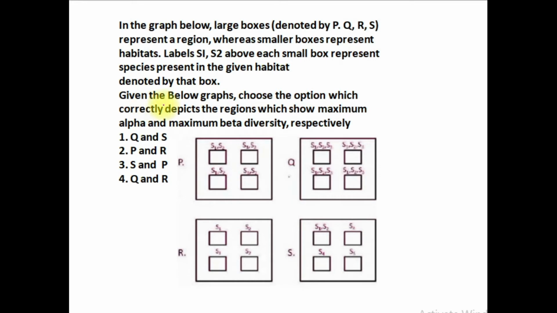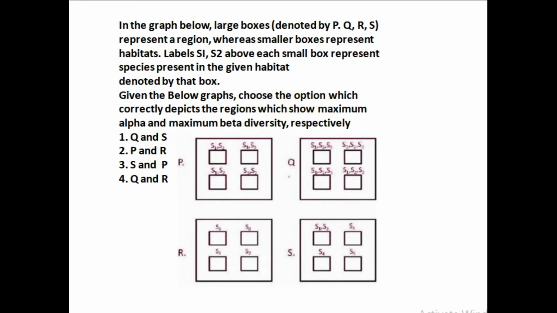Given the graph, choose the option which correctly describes the regions which show maximum alpha and maximum beta diversity. In this question, we have to find the maximum alpha diversity and maximum beta diversity.